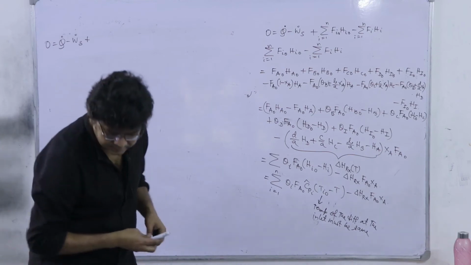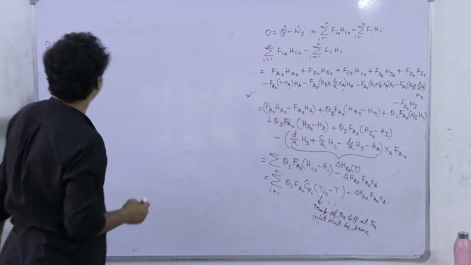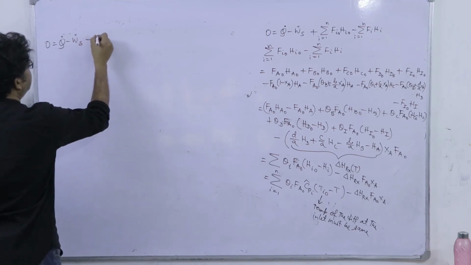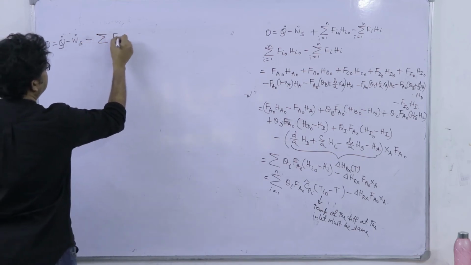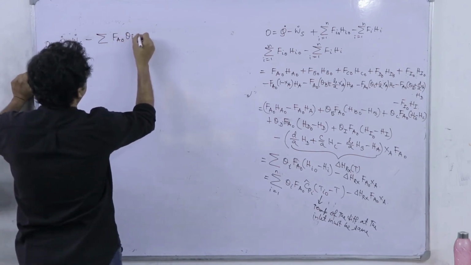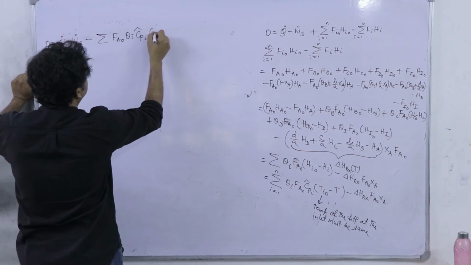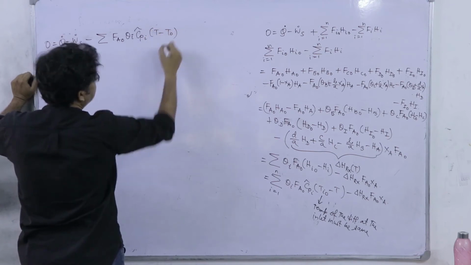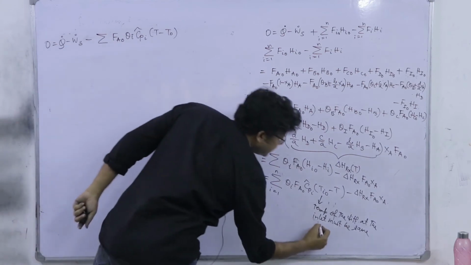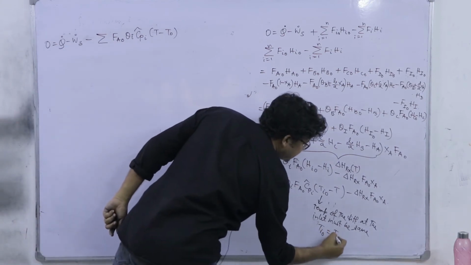So this we can write as minus summation Fa naught theta I Cpi into (T minus T naught), since all Ti naught equal T naught.